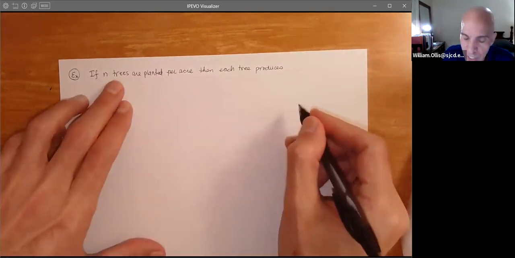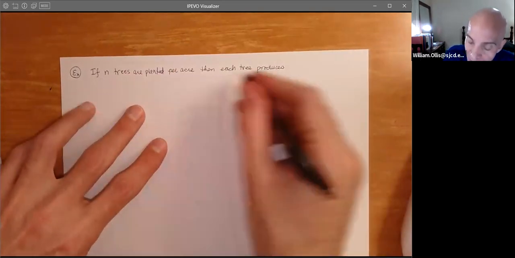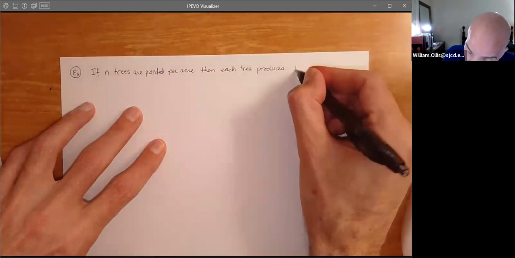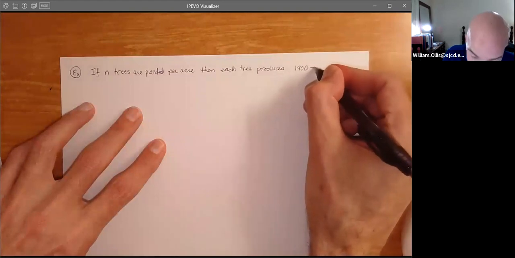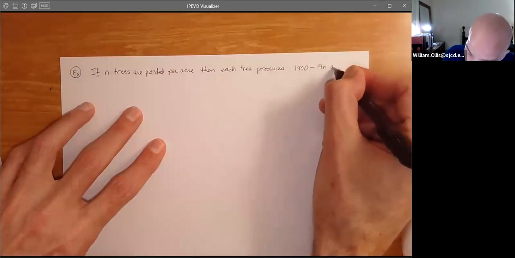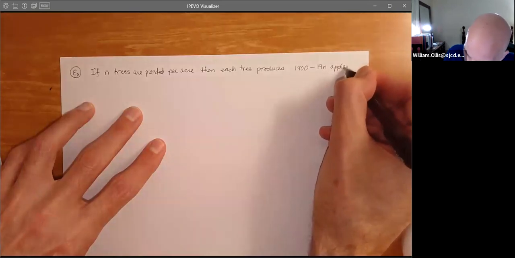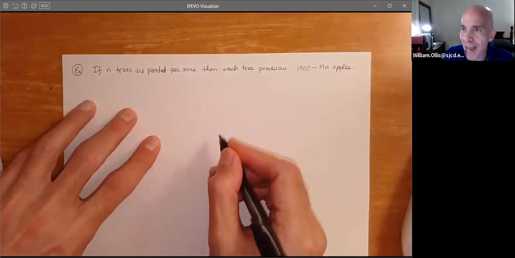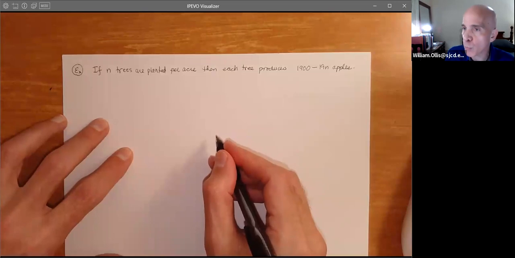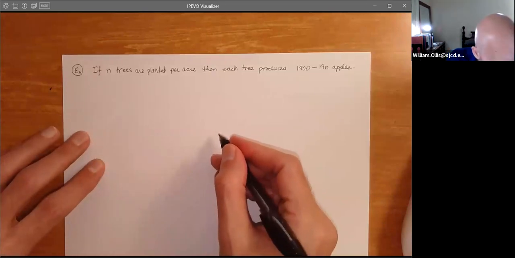When you have n trees planted per acre, then each tree produces 1,900 minus 19n apples. So you've got some biologists and some agricultural experts with data.